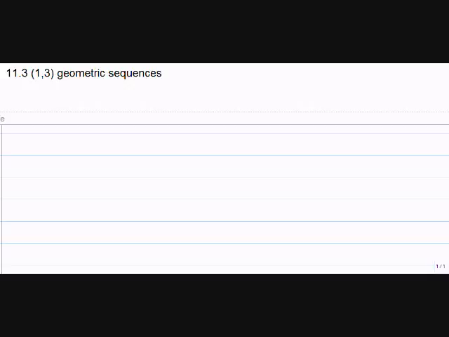Okay, on a much more serious note, geometric sequences. Arithmetic sequences have a common difference. You're adding the same number each time, and sometimes that number could be negative, so it's kind of like you're subtracting the same number each time. Geometric sequences have a common multiplier or ratio.